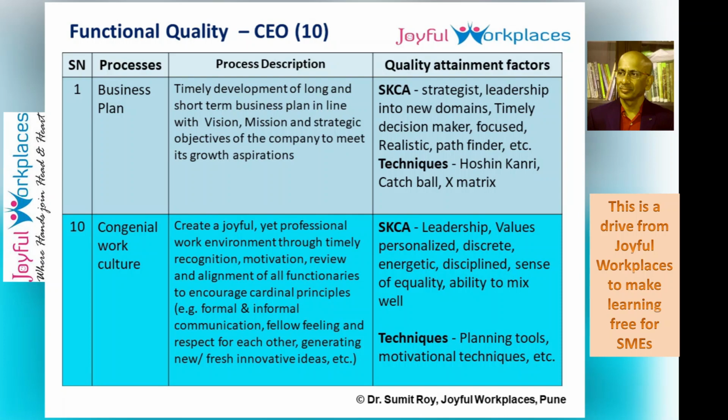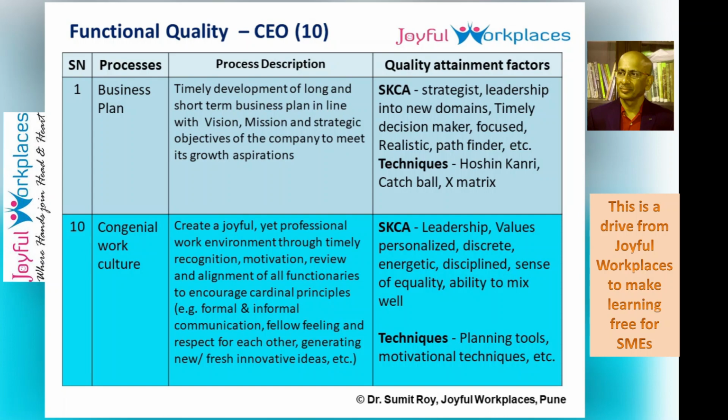So, what are the SKCAs needed for implementing this kind of congenial work culture? It is leadership again, as described above. The values should be personalized and seen in the CEO. Otherwise, it will be mere talk. He should be discreet, energetic, disciplined, and have a sense of equality so that people do not feel marginalized and discriminated against.